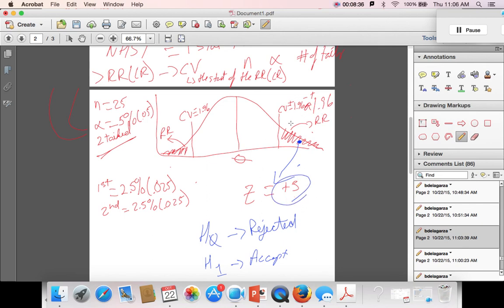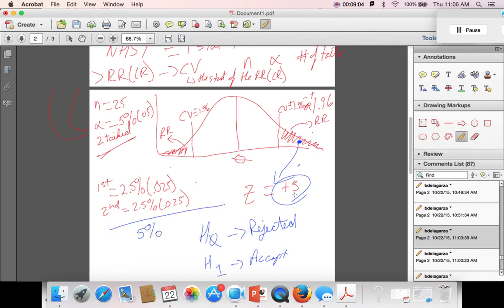My critical value, using these characteristics of an alpha level at 5%, a two-tailed test with a sample size of 25, provided me with a critical value of positive 1.96, negative 1.96. Remember, it's giving me a positive and a negative because I'm looking at a two-tailed test. This side gets 2.5%, this side gets 2.5%, to never exceed the 5% total, right? So down here, I'm still at 5%.